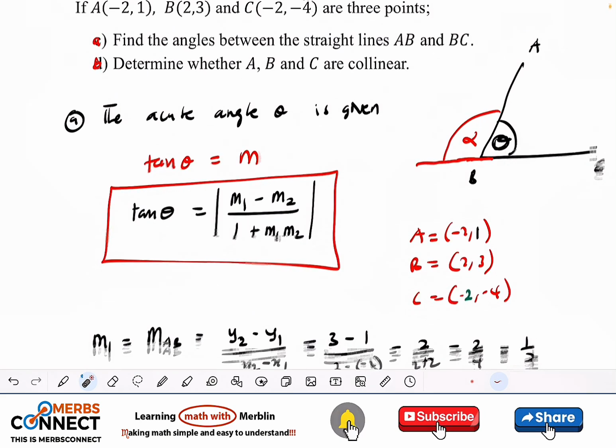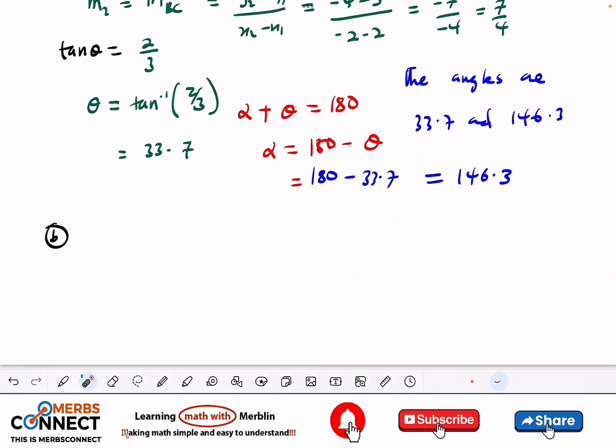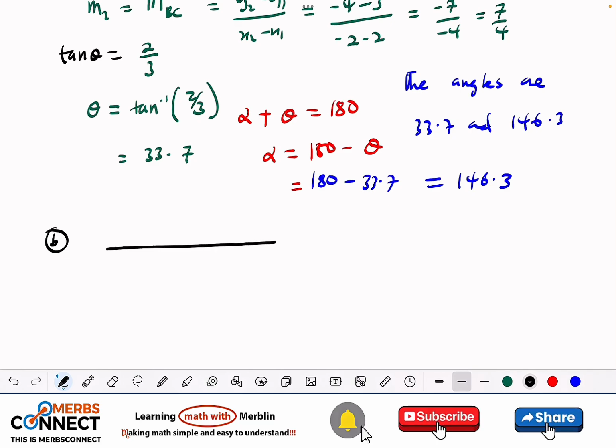So when you say something is collinear, this is what it means. It means that we are looking at where we have A, B, and C. So it means that they are on the same line, right? And if we have points which are on the same line, then it means that they are parallel to each other, and they need to have the same slope, right?